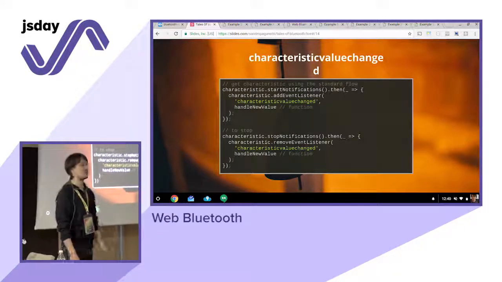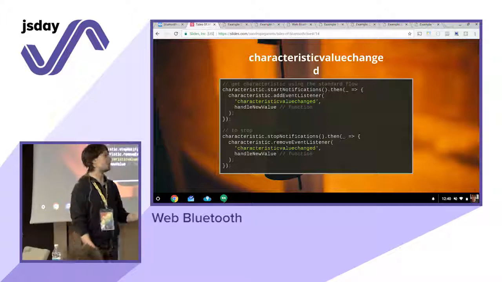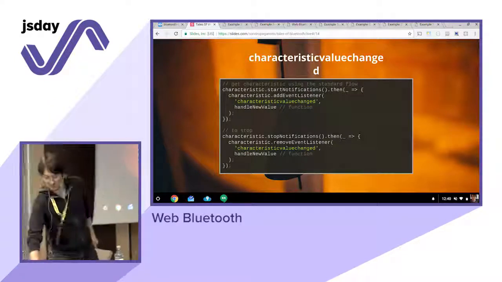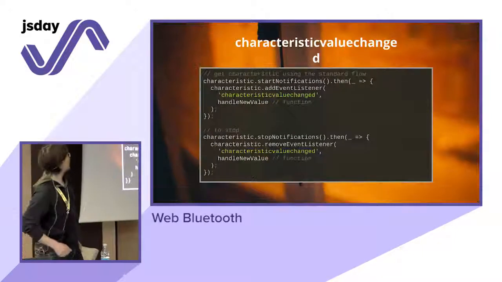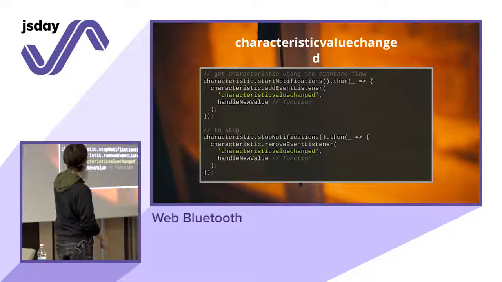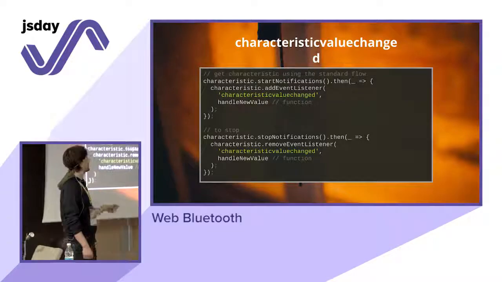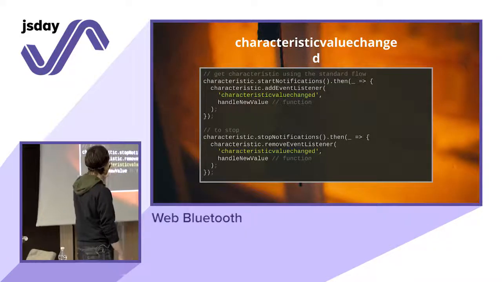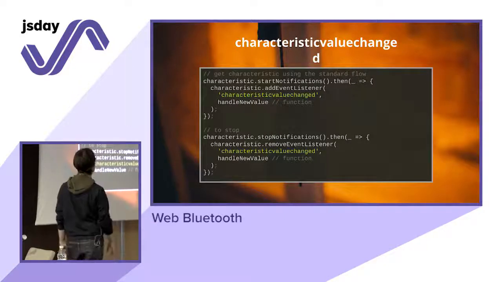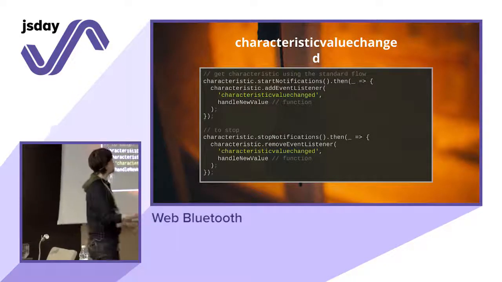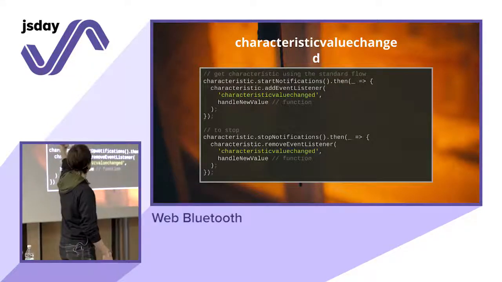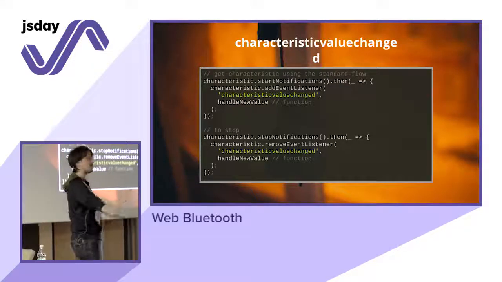So the way this thing works is, again, pretty easy. As soon as you get the characteristic, you need to ask for notifications to be sent to you from that specific characteristic. This is an intentional request you have to make only to that specific characteristic. After you do that, this returns a promise. When the promise is resolved, the characteristic is now an event emitter.